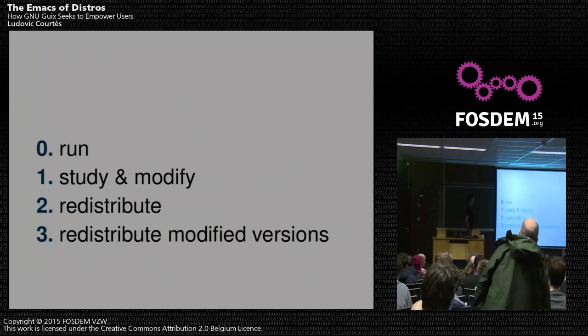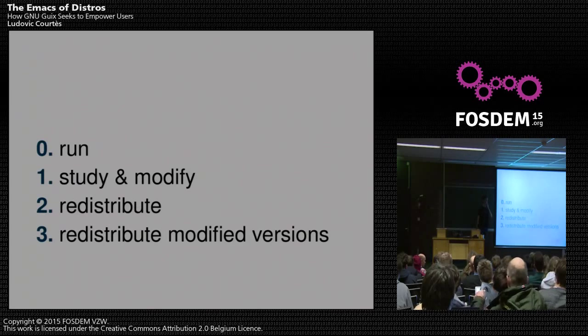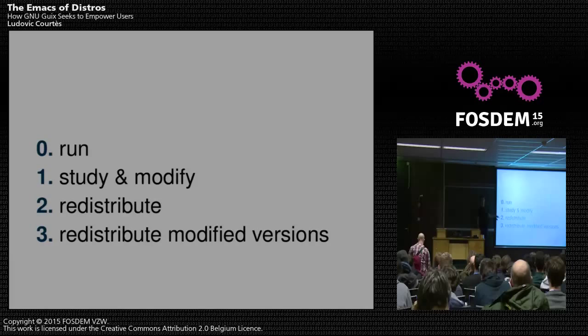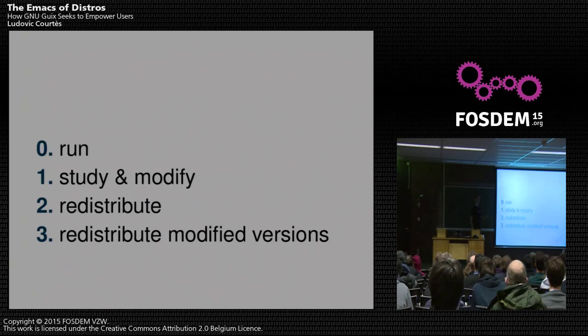So what does it mean concretely? If we take back those 4 freedoms of free software, how does the design of Emacs relate to those 4 freedoms? So of course we have licenses to guarantee those 4 freedoms, and the GNU GPL typically makes sure you cannot remove those freedoms, which is a nice thing. So that's the legal part of free software.